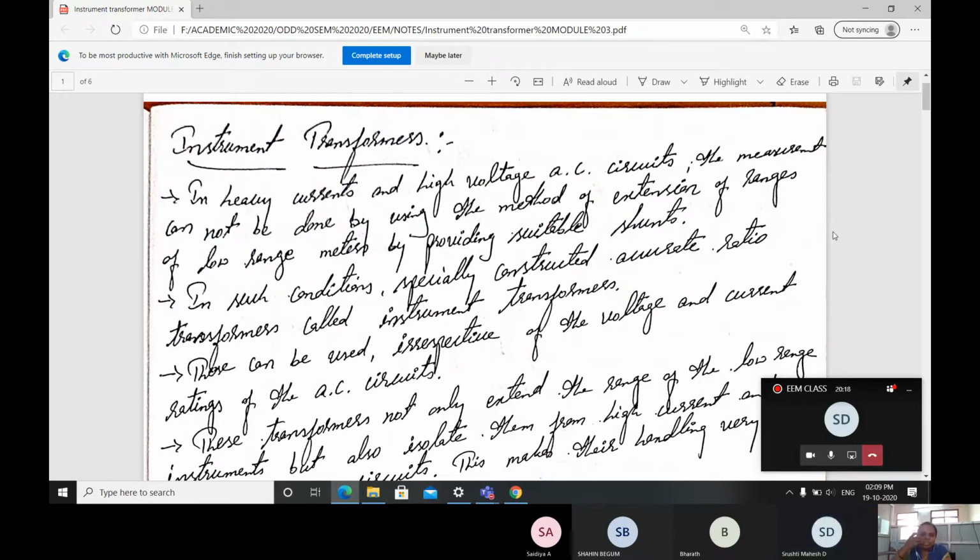Okay, in the instrument transformer, when we come across in the second module, we derived the equation for the wattmeter. If you just glance over the figure, we came to know that it consists of a current transformer and also a potential transformer, right? CT and PT we call those.